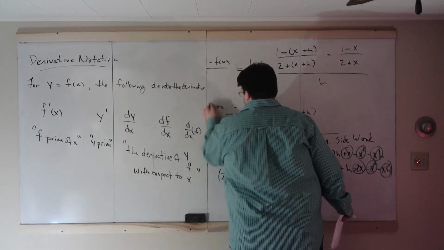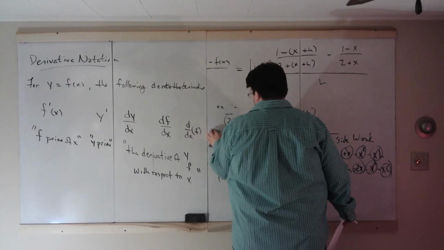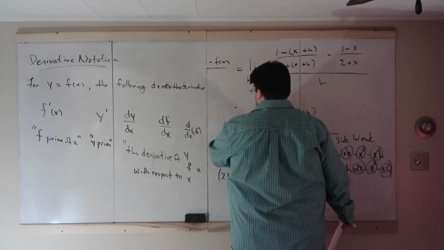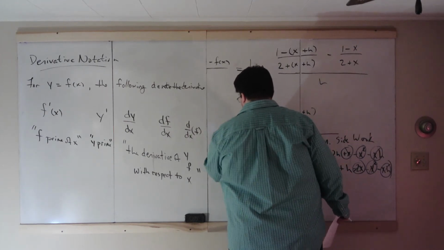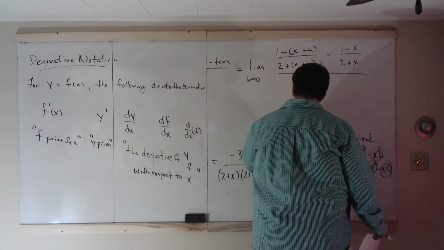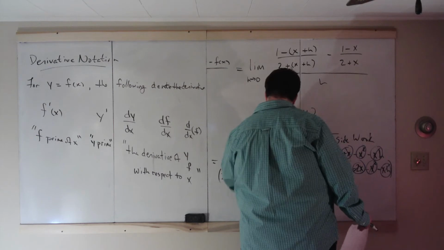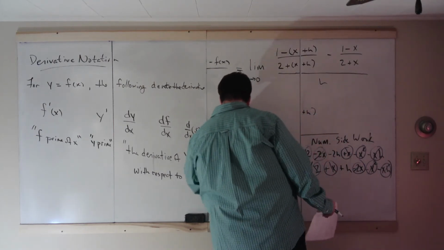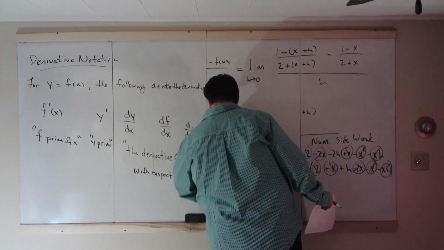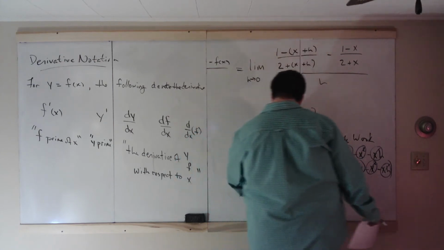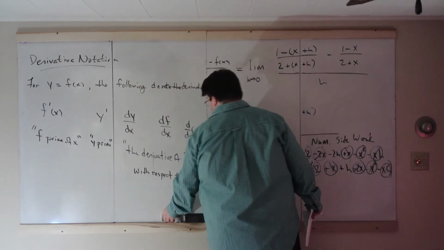The variable we'll be using will pretty much always be x. But keeping track of the variable we're taking the derivative with respect to will be important for a few things we do. Because of that, these last three notations will be useful in certain contexts.